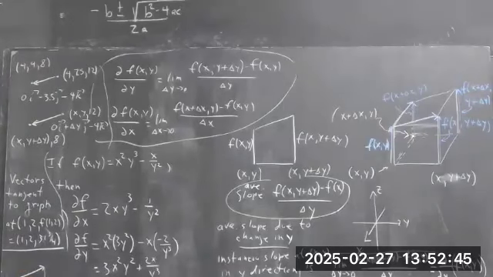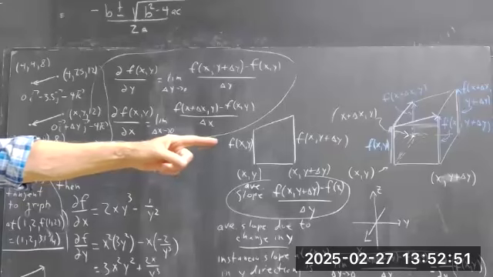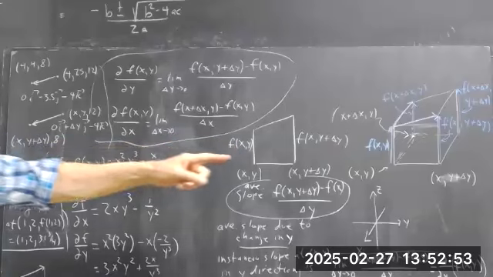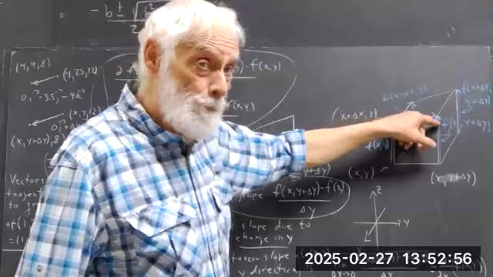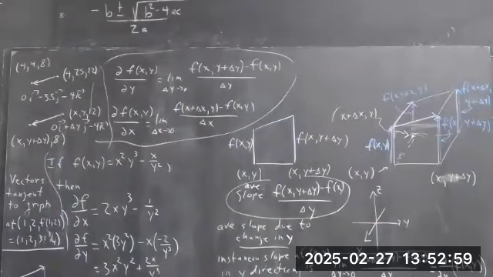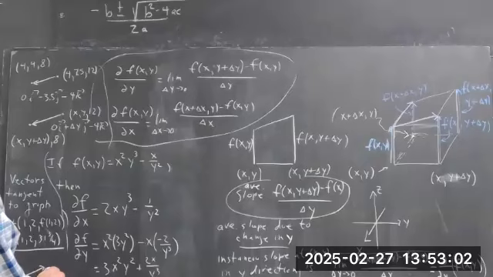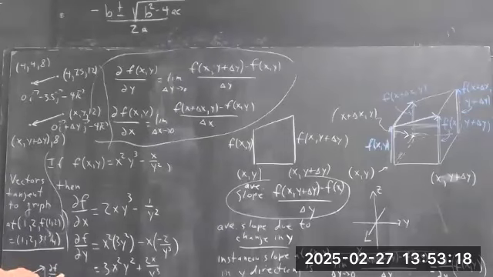Let this be the vector in the y direction. That would correspond to this vector here. I'm just going to draw the picture. You go 1 unit and you go up partial f with respect to y.